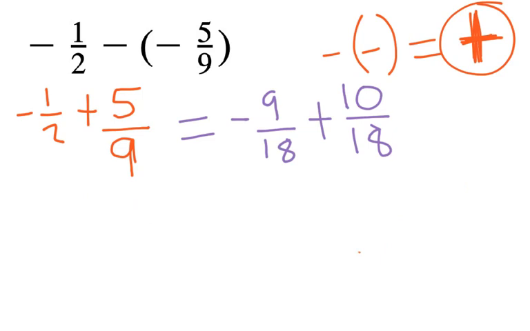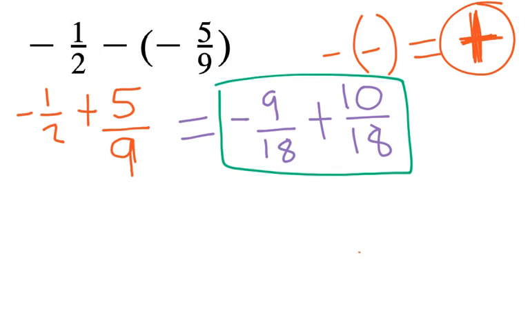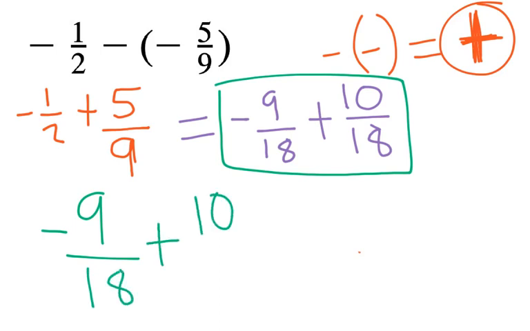So here's our new problem, and we've got to solve this now that it's got common denominators: negative 9/18 plus 10/18. When I'm looking at problems with positives and negatives, I think to myself, which one wins?